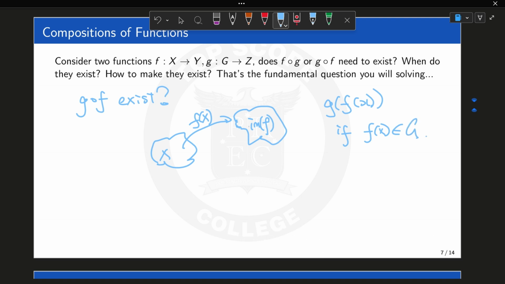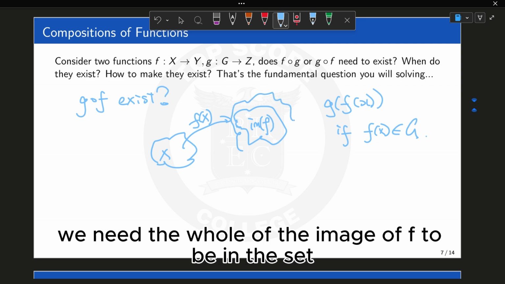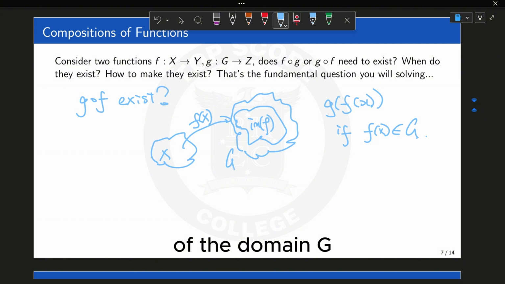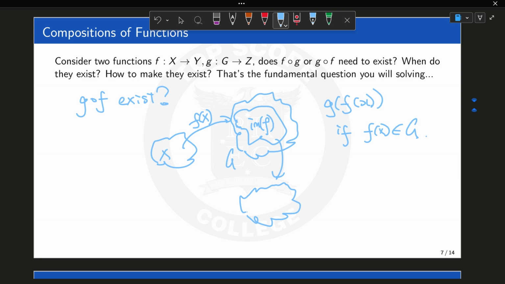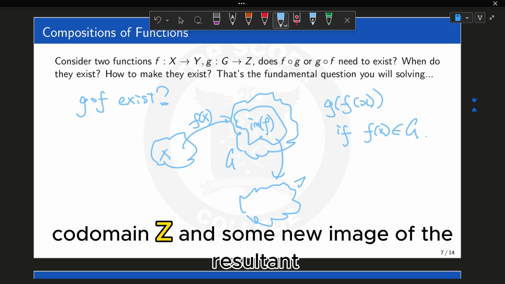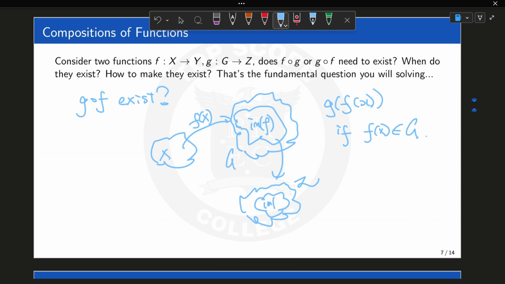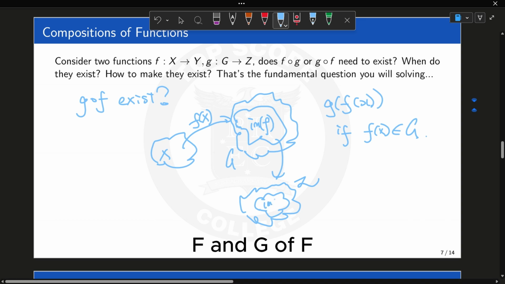In other words, we need the whole of the image of f to be in the set of the domain of g. In that case, the function g∘f can map this image to some new codomain Z and some new image of the resultant g∘f.